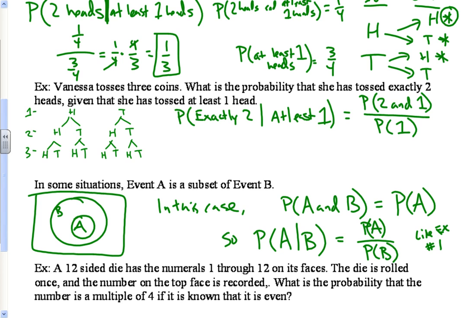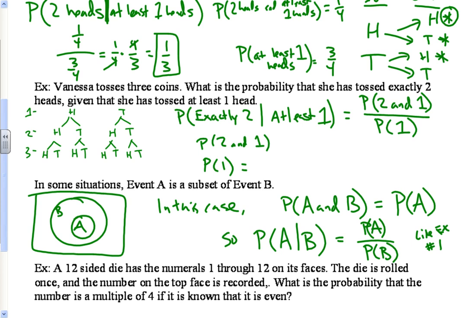So if we look, first of all, at the probability of 2 and 1, and then the probability of just 1. So let's start with all the possibilities that are at least 1.